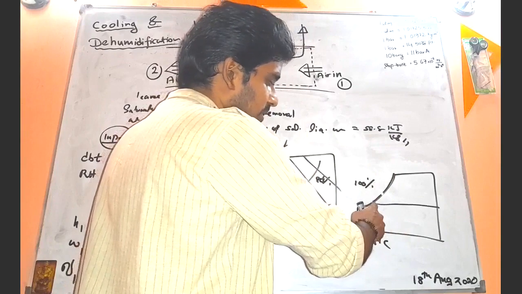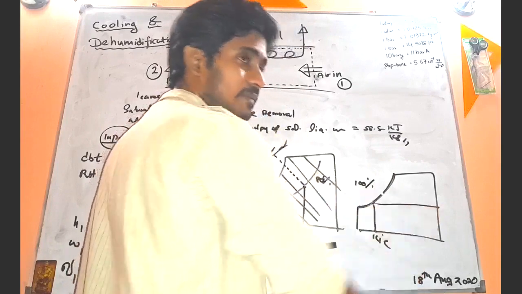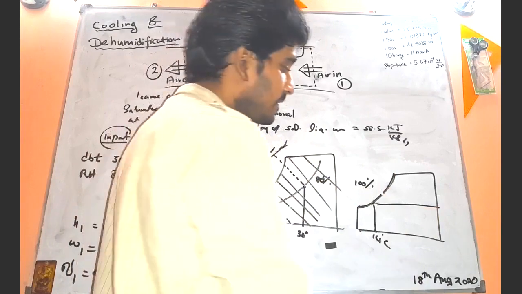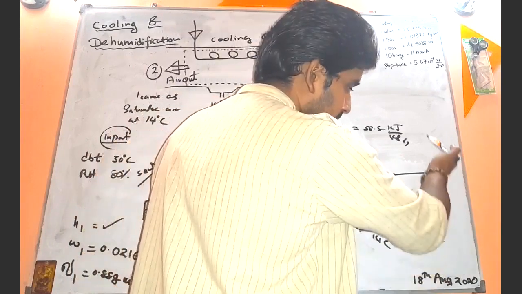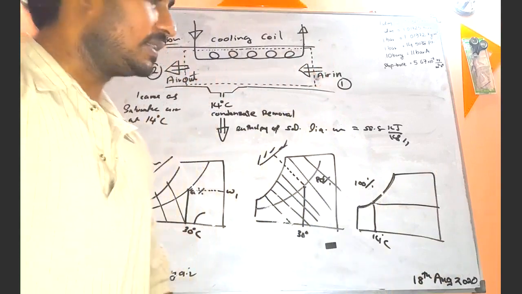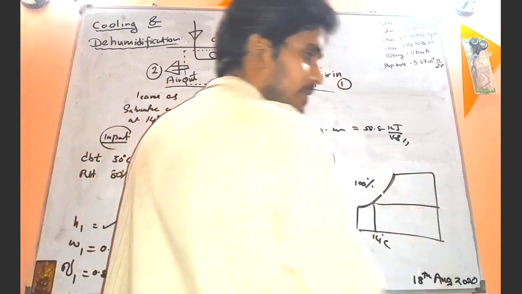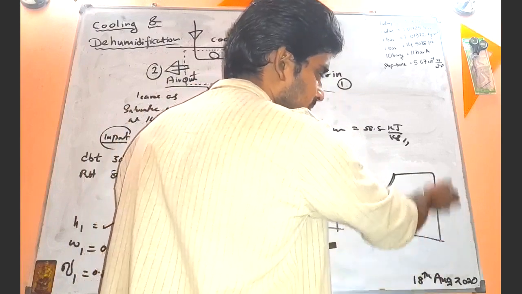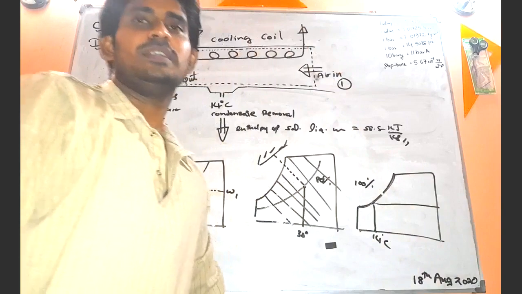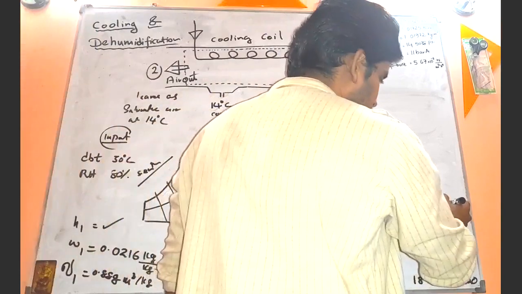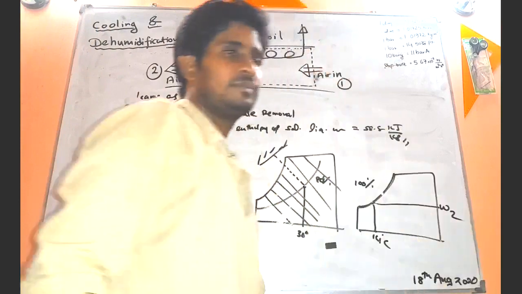Project this point of intersection horizontally until it intersects with the humidity ratio scale at the right hand side, because this scale represents the humidity ratio. That will give you omega 2.